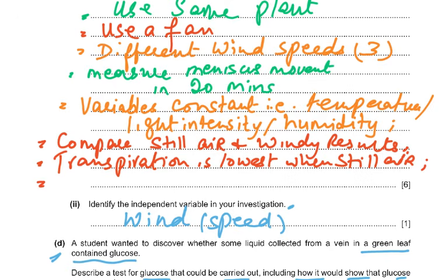And then you reset the apparatus. Reset the apparatus means you move the meniscus back, and you repeat with different plants.